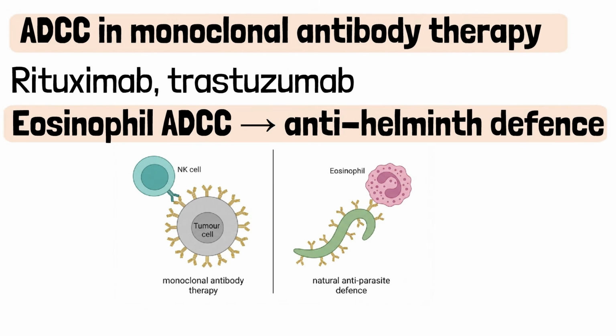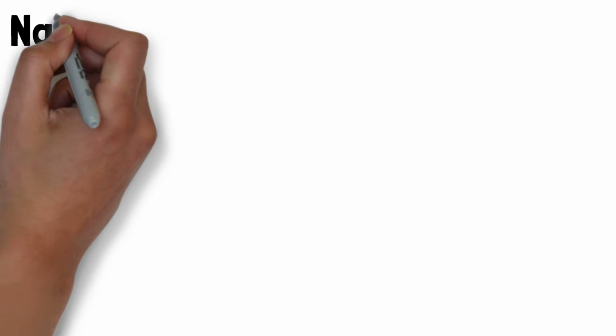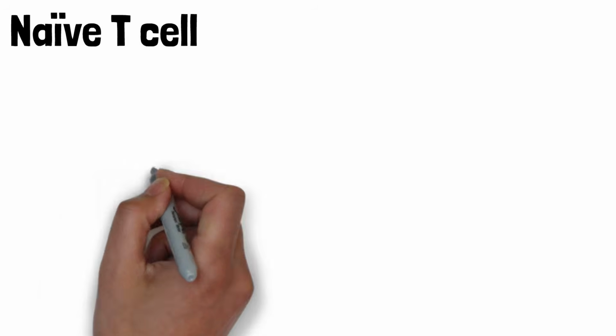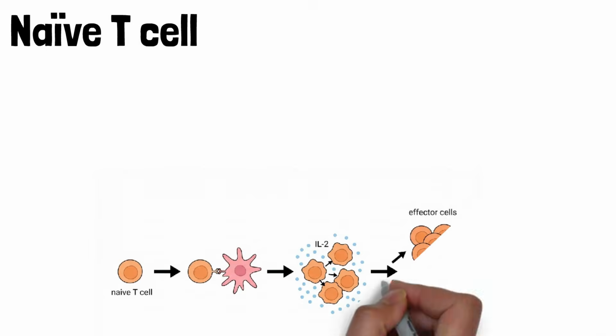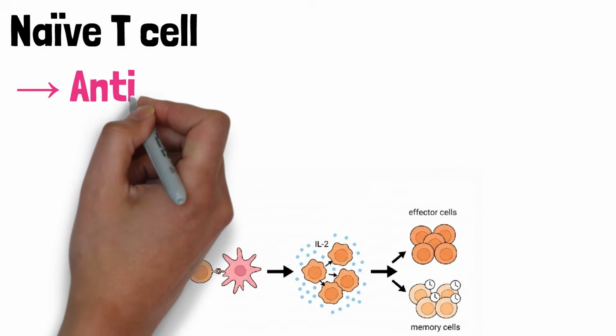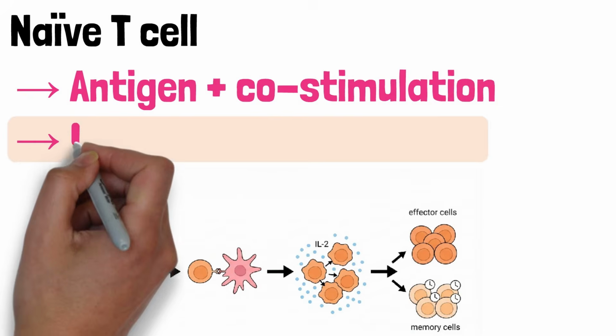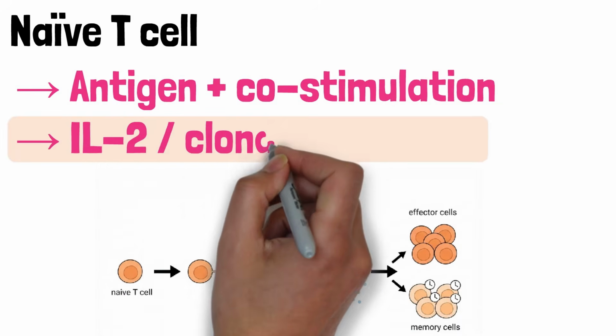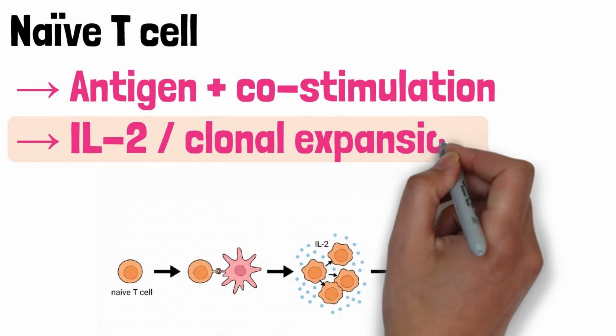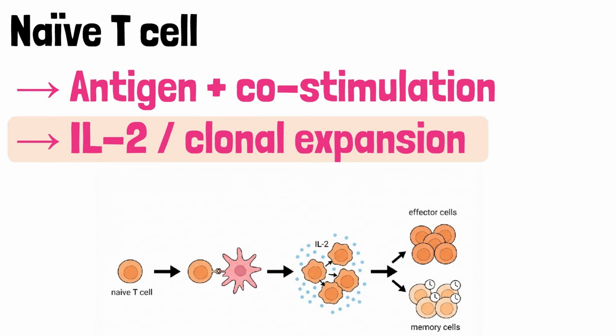With NK cells and ADCC covered, let's zoom out and look at where all these activated cells actually go. Naive T cells get activated in secondary lymphoid organs, lymph nodes and spleen, after they encounter antigen presented by dendritic cells or macrophages. From there, IL-2 takes over as the primary growth factor, acting in both an autocrine and paracrine way to drive clonal proliferation, the same IL-2 we flagged as your exam anchor back at the start of this video.